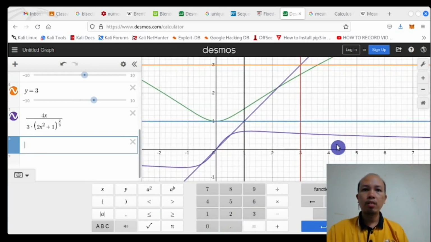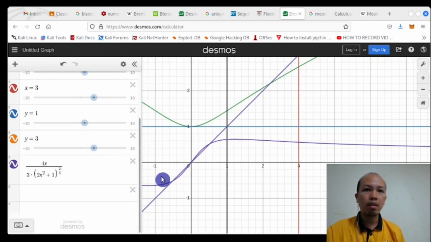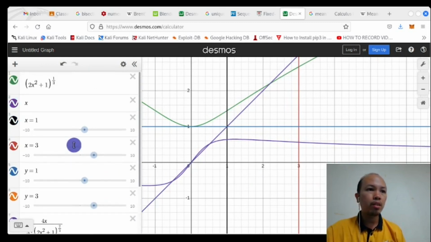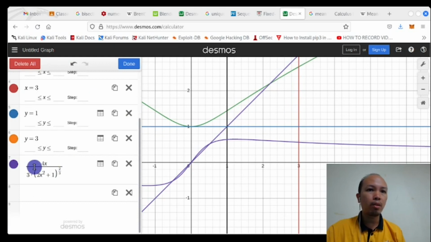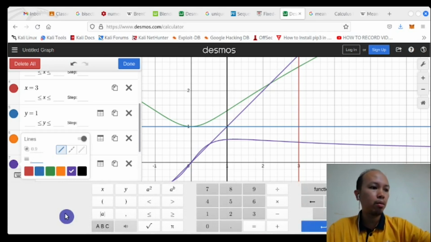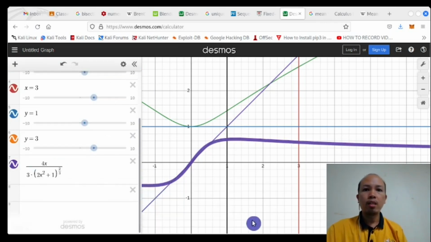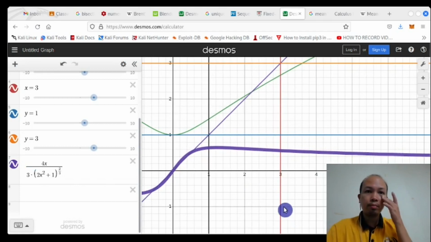So if you look at the graph of the derivative, let's replace the color by, let's say, purple, and make this one 5 to make it bigger, or 10. Okay, enter. So this is the graph.